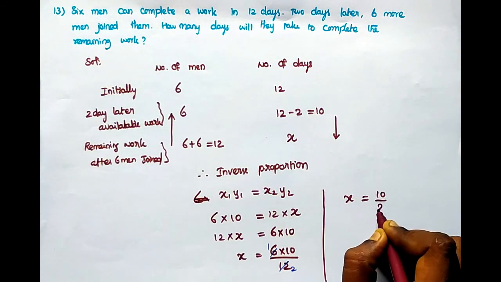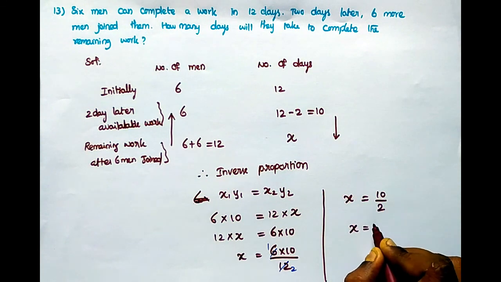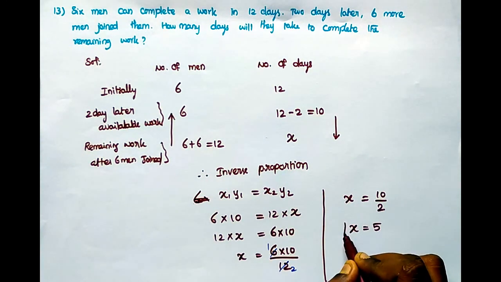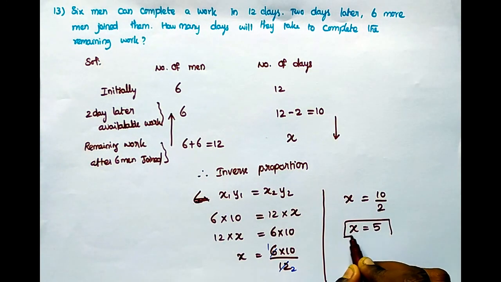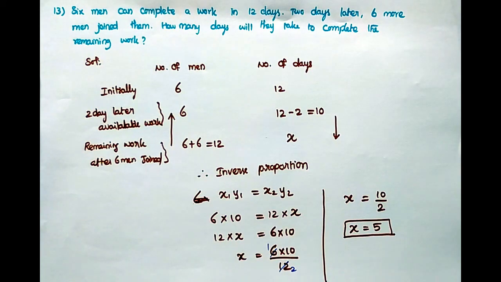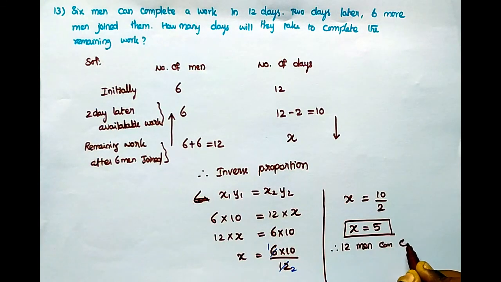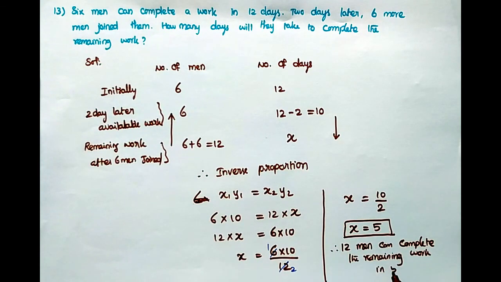Remaining number 10 by 2, that is 5. Therefore, 12 men can complete the remaining work in 5 days. That is the answer.